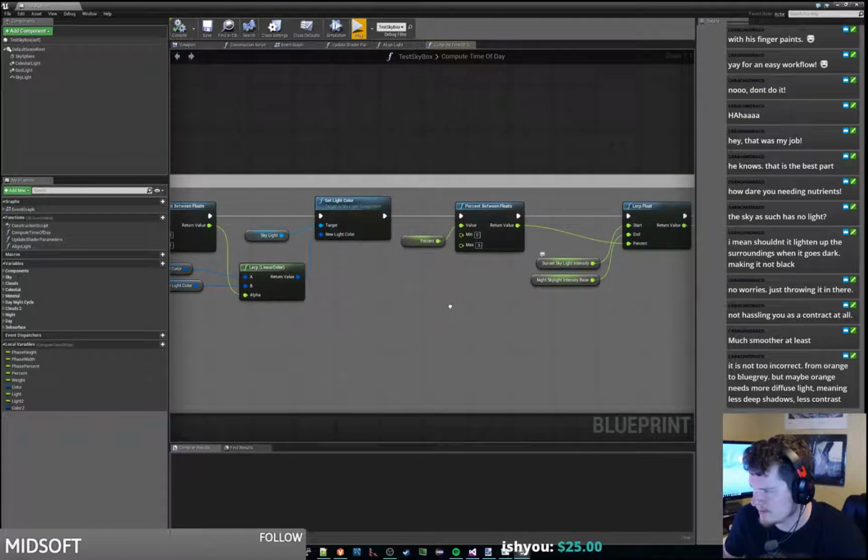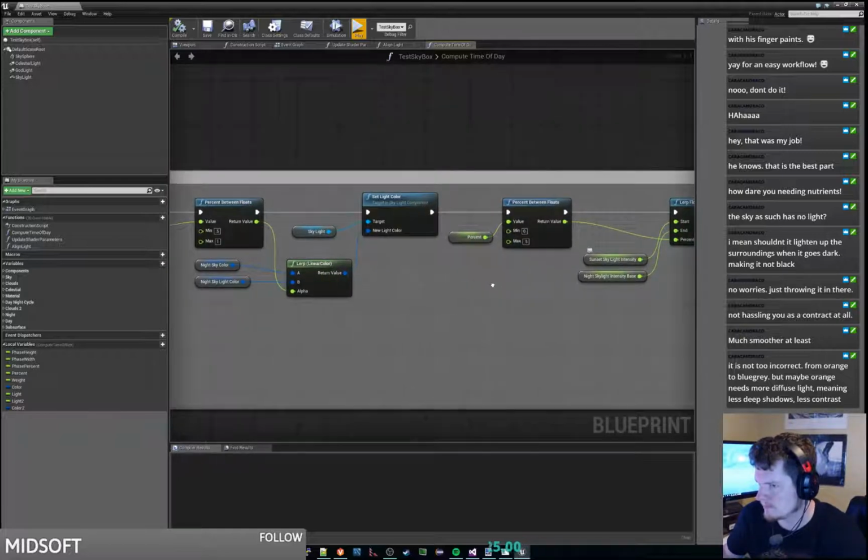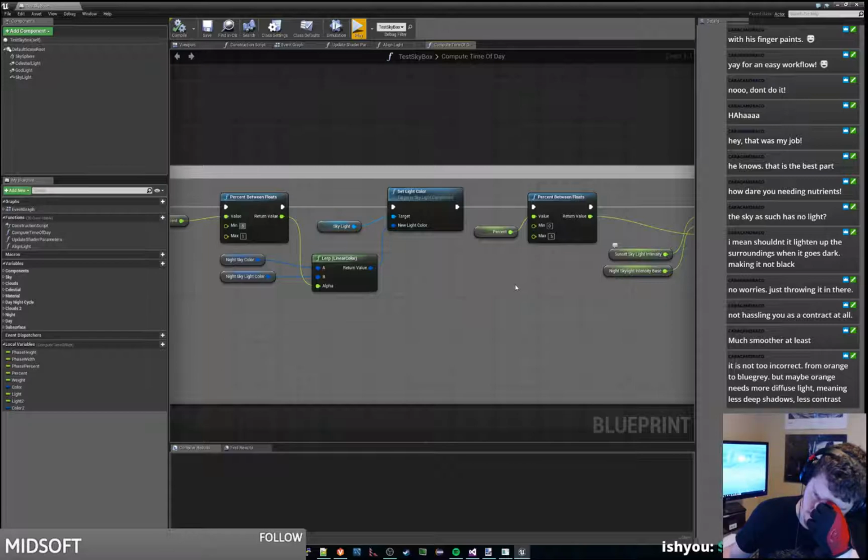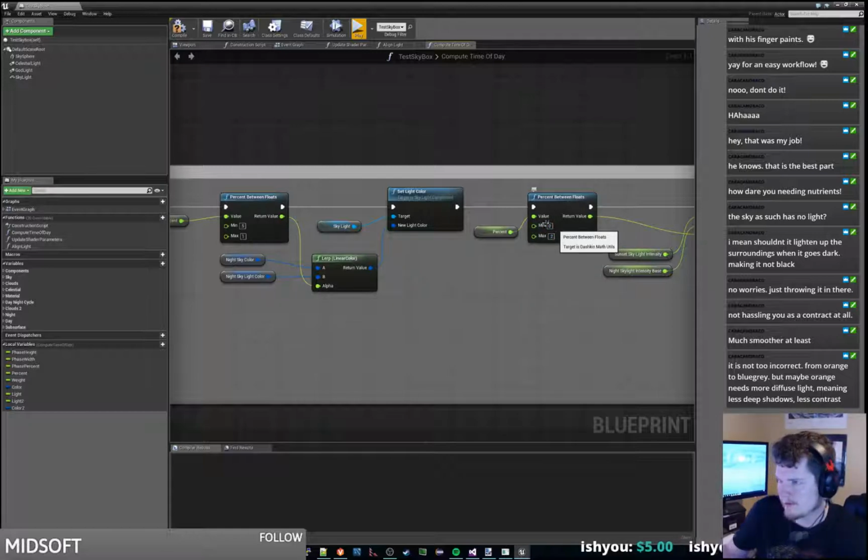So our light intensity needs to change. I guess more quickly. So maybe like 0 to 0.2, and this should go from 0.2 to 1.